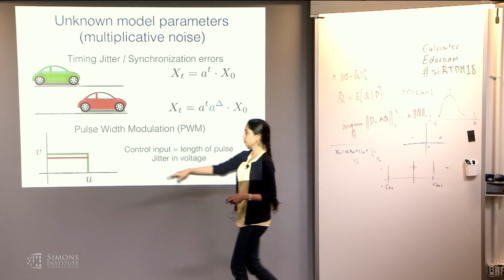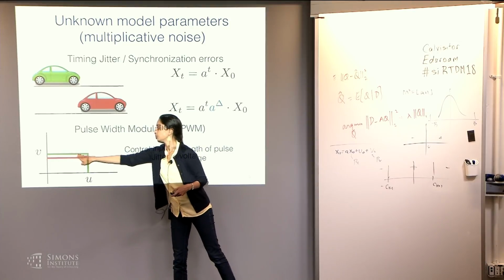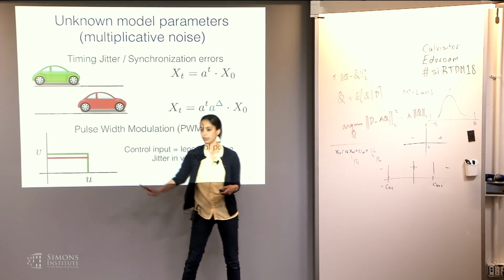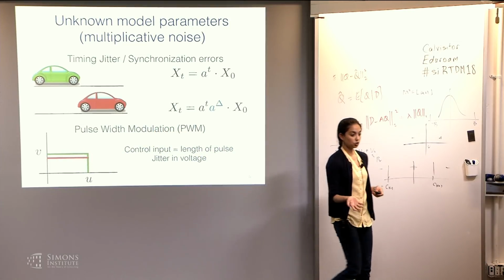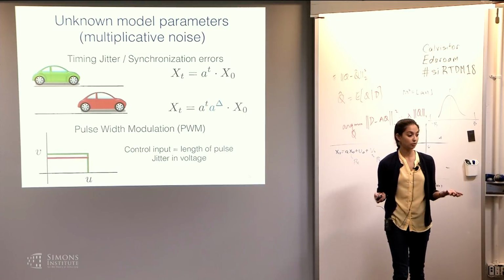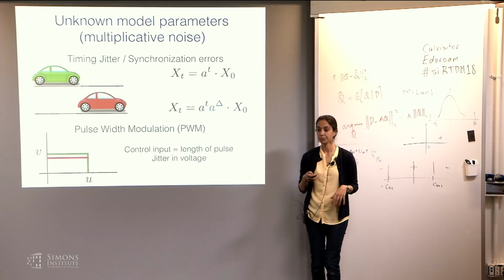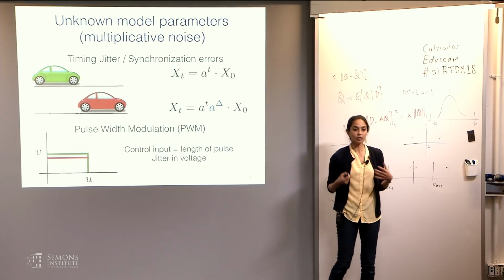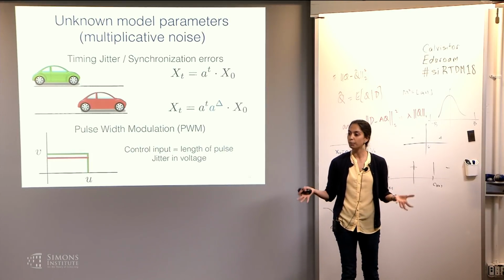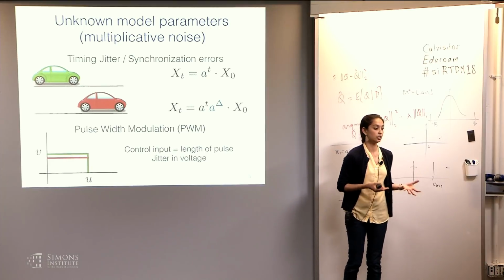But in the event that you have some jitter actually on your voltage, so instead of being here, it jitters just by a little bit, again, this is going to show up as a multiplicative noise or an uncertain parameter in your control model. And what we want to understand are what are the fundamental limits that are imposed by these kinds of uncertainties in your system.